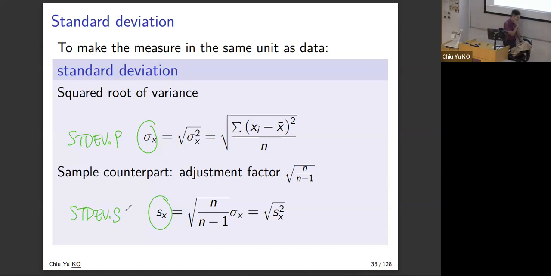I remind you that you'll be using the S version for most of your cases. Unless you have big data, then you can probably use P. There's no problem because N is super large, so it makes no difference anyway. Is that clear? Okay.